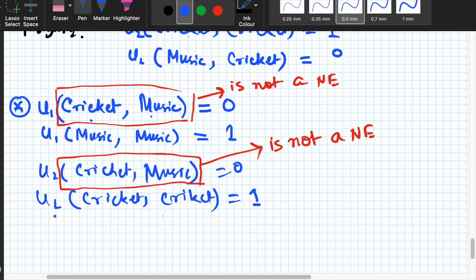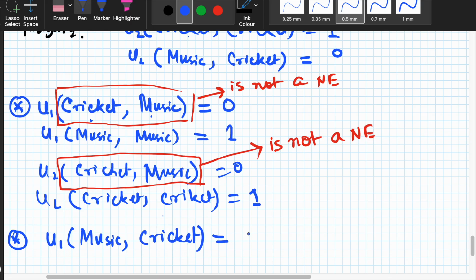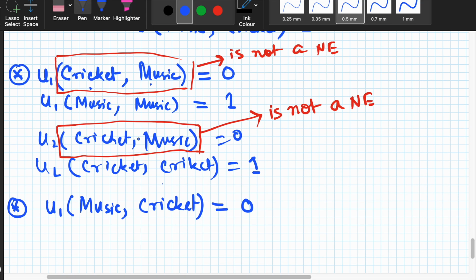Now another option is obviously the opposite one, and similarly one can see that music, cricket gives player 1 a payoff of 0. However, by changing from music to cricket, player 1 can do better and will get 2.